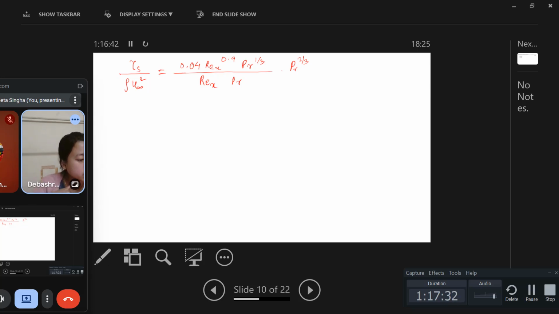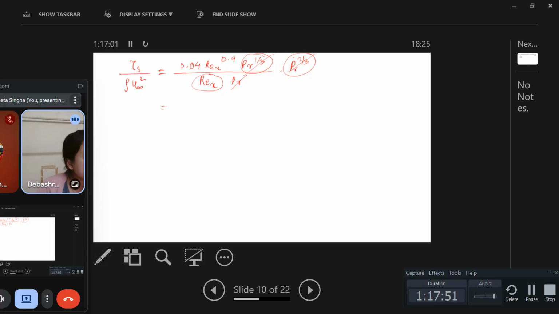So in this equation we see Pr to the power 1 by 3 and Pr to the power 2 by 3. If you multiply this we get Pr to the power 1. So directly we can cancel this with this Pr. Okay, then Re_x and Re_x to the power 0.9.